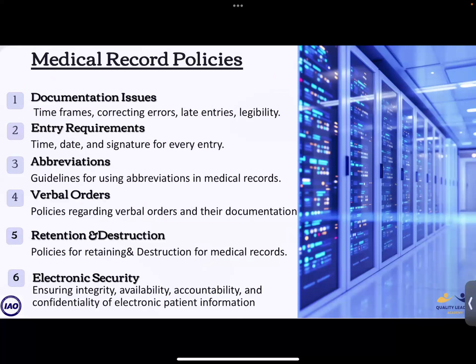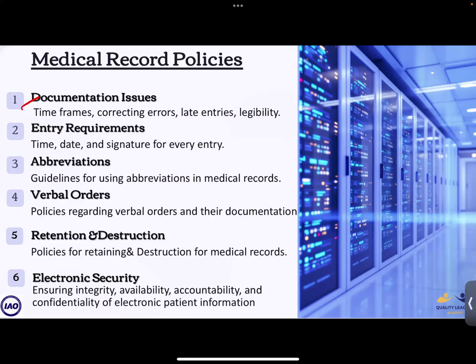Limiting access, we have something called proper security in any application, especially in medical records. This proper security is implemented around documentation. Okay, that includes the typing and correction. For corrections, you should only use a single line to mark.